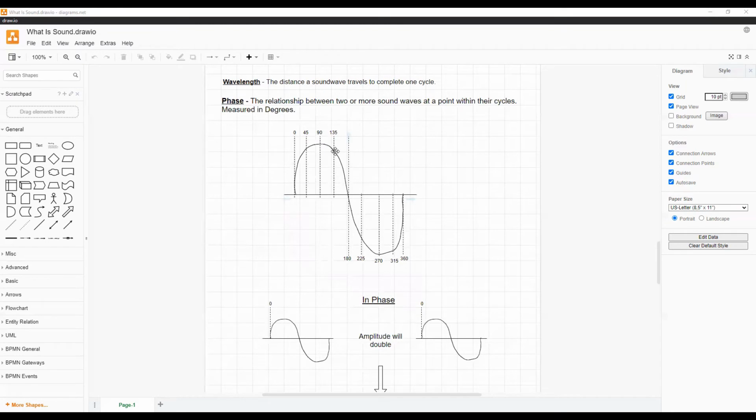Then goes back down to 135 degrees, and then goes back down to 180 degrees. Then from there, it starts going even further down to 225 degrees, then goes to 270 degrees, this is rarefaction, then reaches 315 degrees, and then ends at 360 degrees. This is the point where the vibration either stops completely or gets hit with another sound wave.